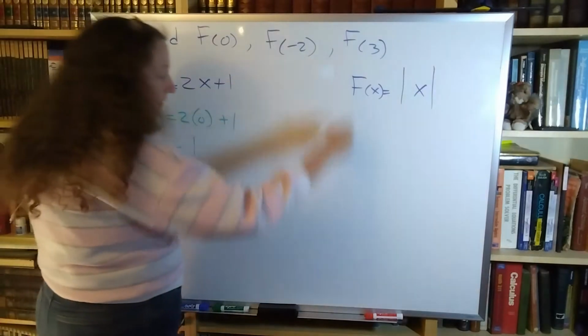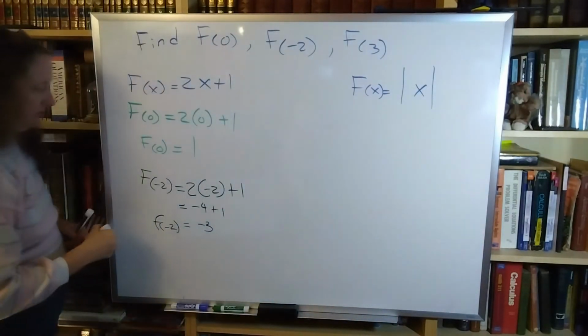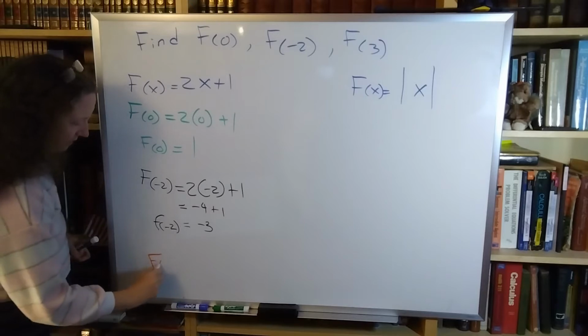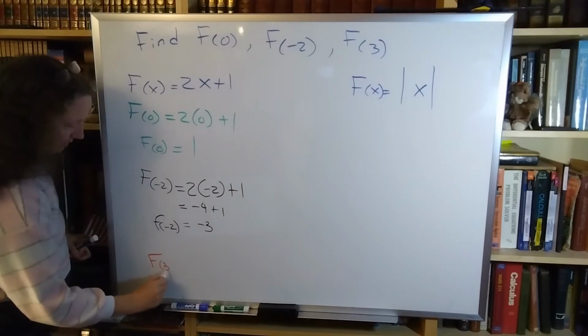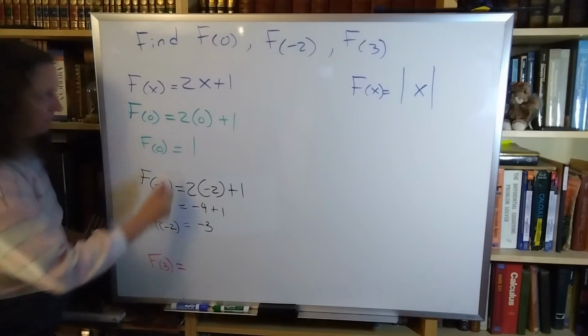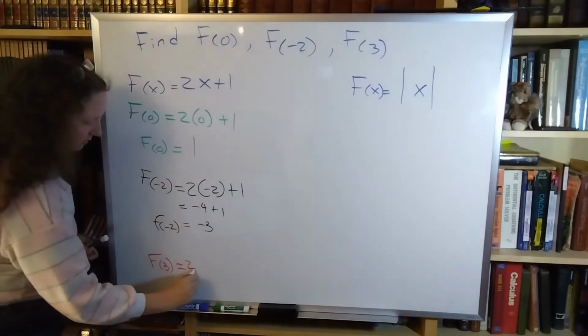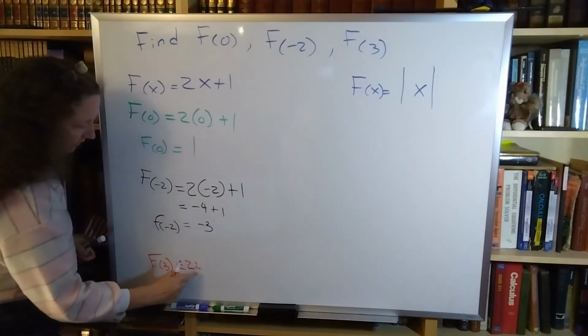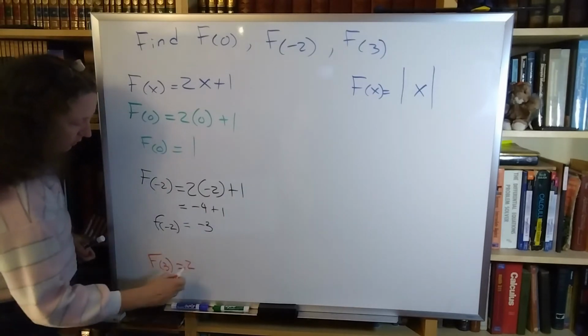And then the last one for this set, f of 3. So f of 3 equals 2x plus 1, but I'm replacing the x with 3.